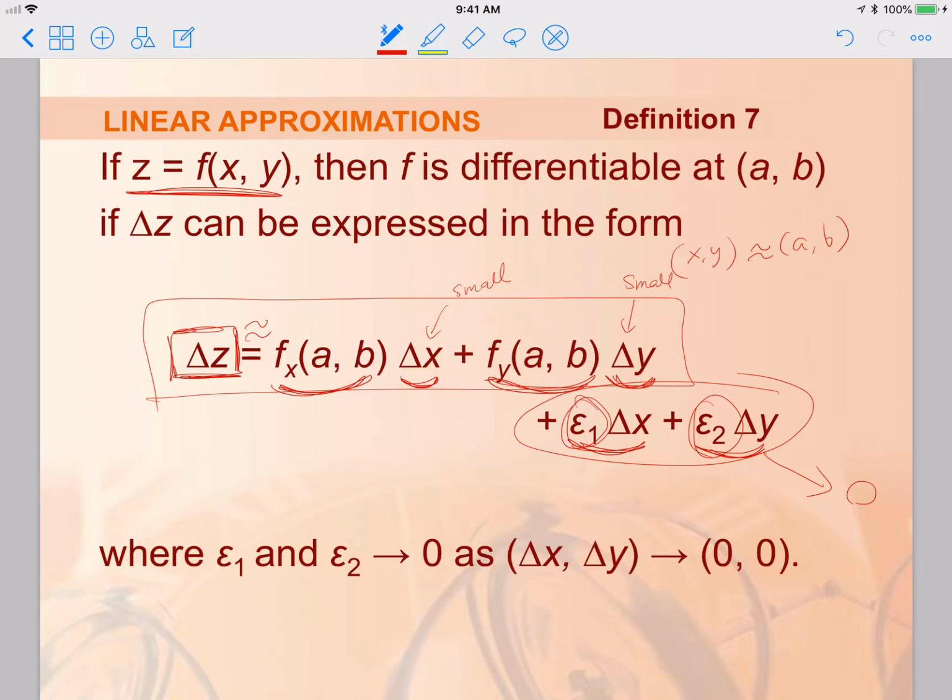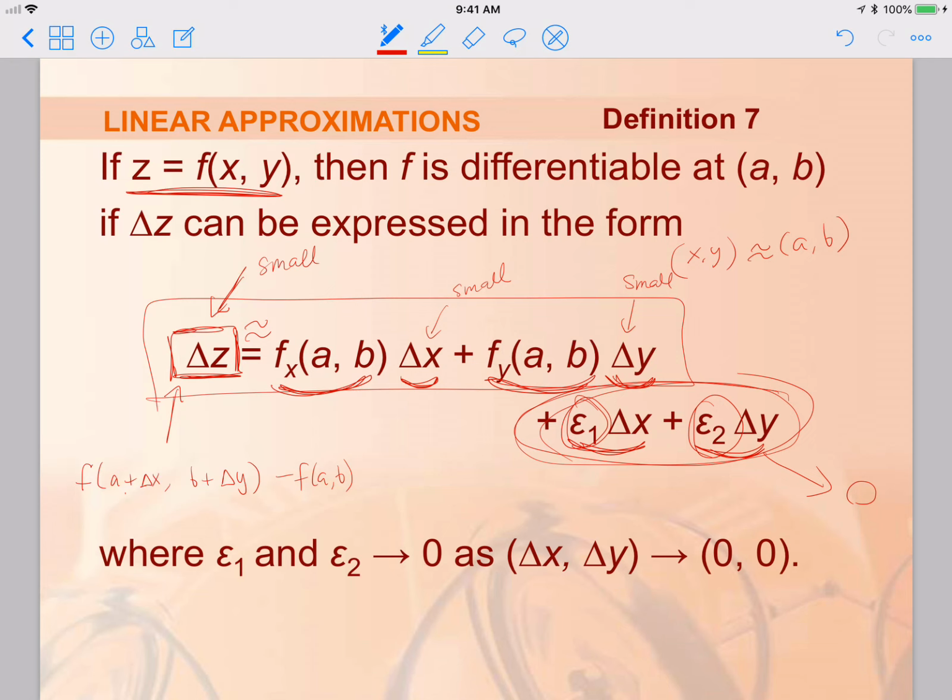And if these are small and this is going to 0, then this increment is going to be really small. But remember, this increment is f of a plus delta x comma b plus delta y minus f of a comma b.